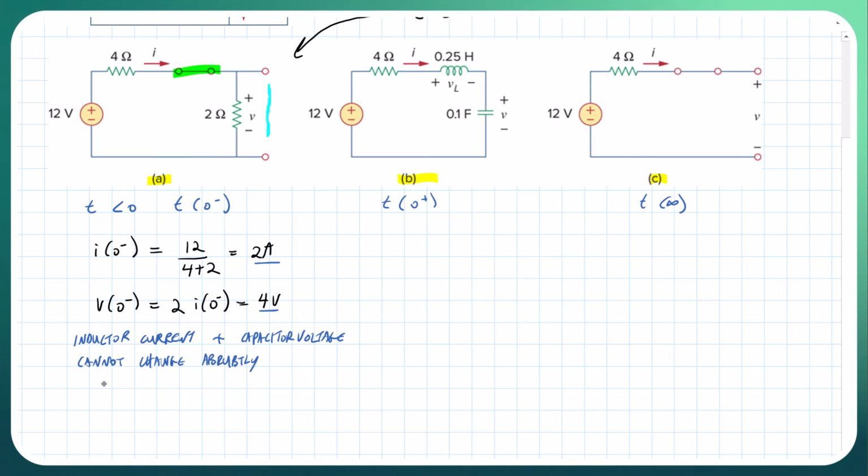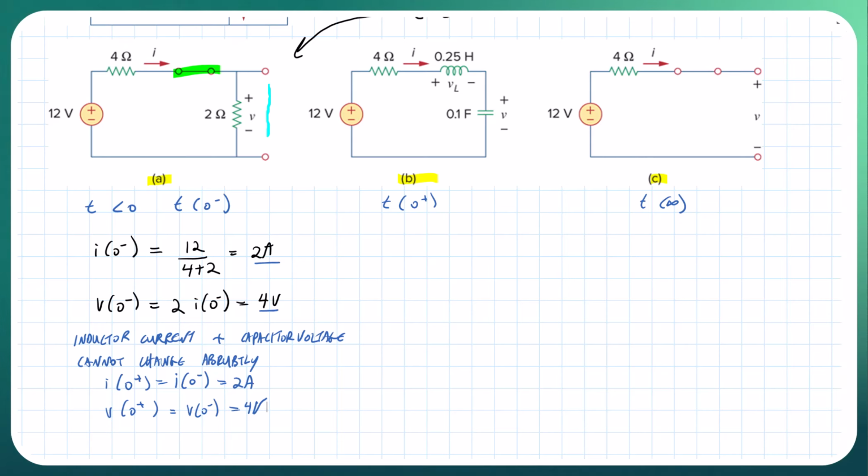That means at I 0 plus, immediately after, and our I 0 minus are equal, and that's going to give us our 2 amps that we just solved for. And similarly, our voltage right after the switch is opened is going to be 4 volts. All right, so we'll keep those two things in mind.